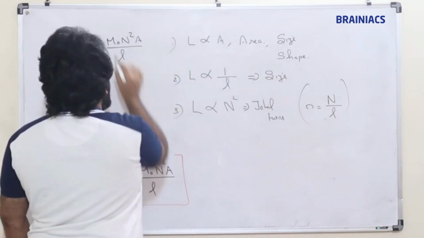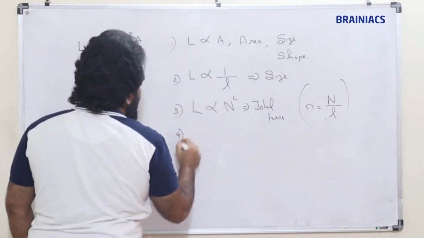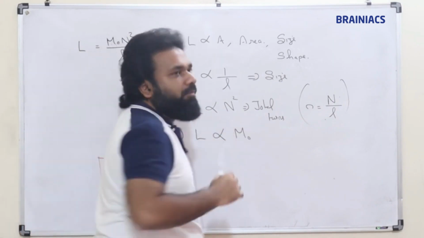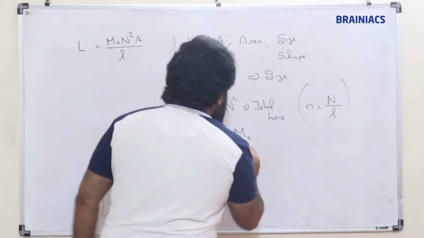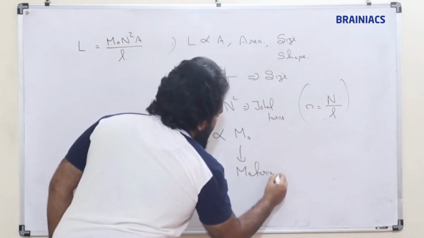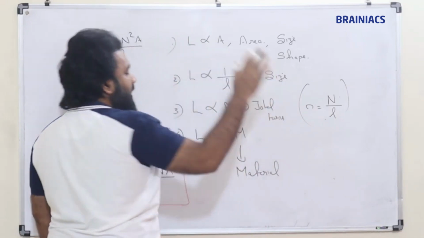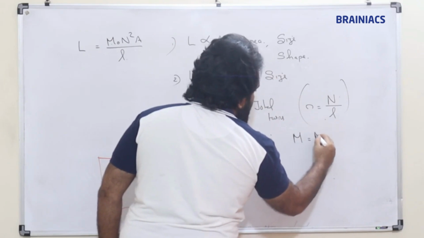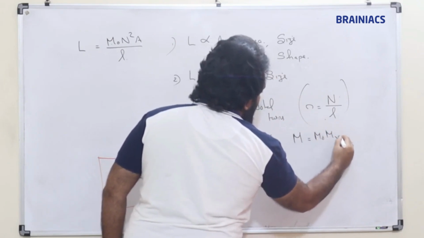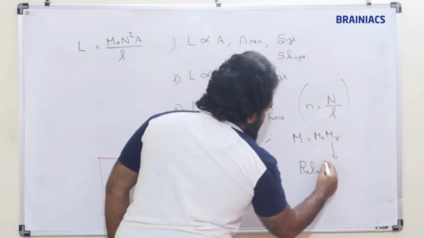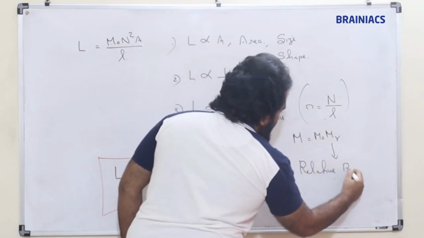Another thing is mu naught. Fourth point, L is proportional to mu naught. This is actually the material. So instead of mu naught, I would say mu. What is this mu? Mu is mu naught into mu r, where mu r is the relative permeability.